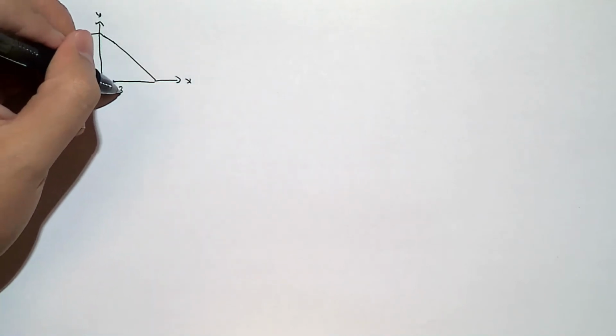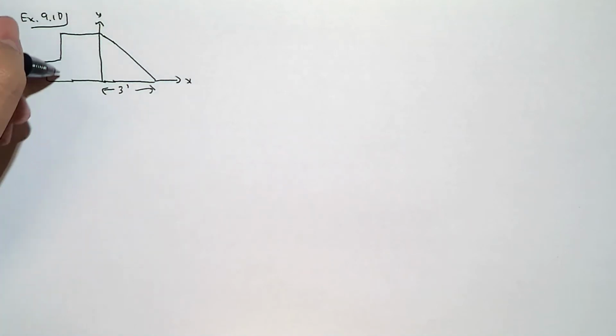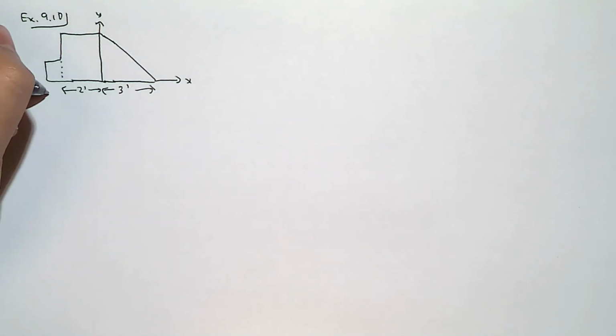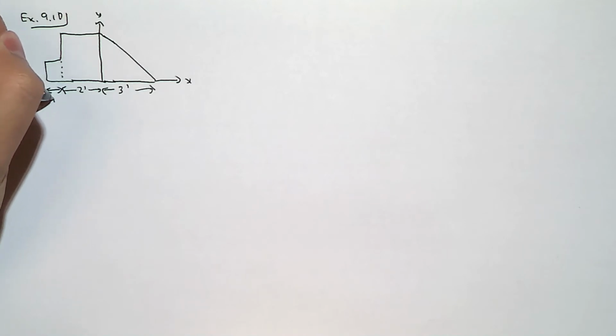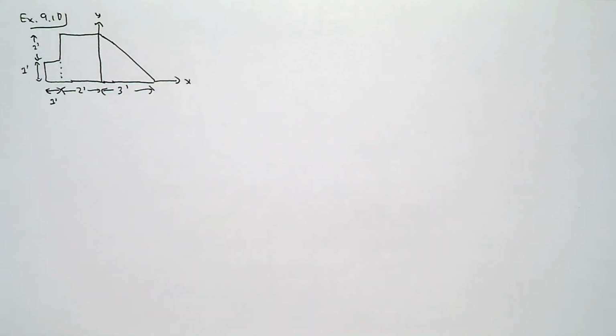We said that this was my y-axis, this was my x-axis. We had 3 feet, we had 2 feet, and we had 1 foot. Okay. And we wanted to find the centroid of this element.